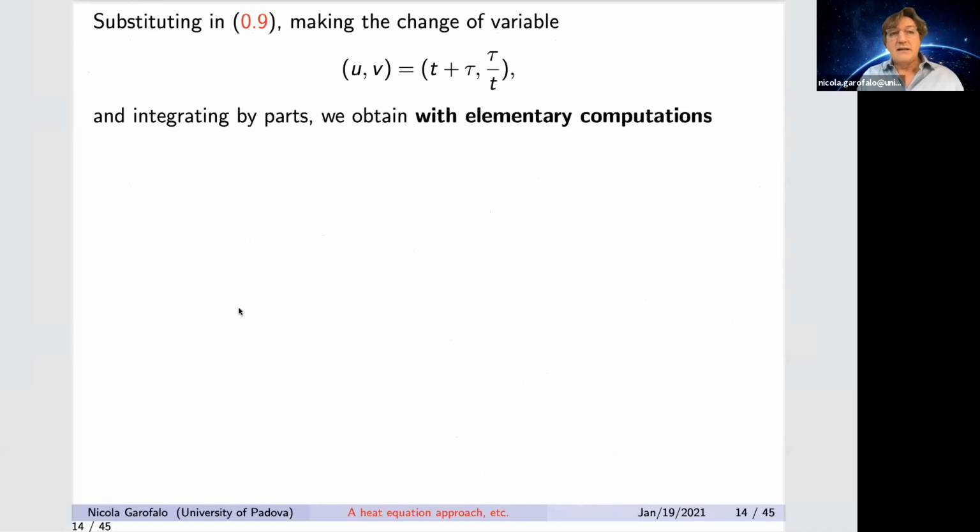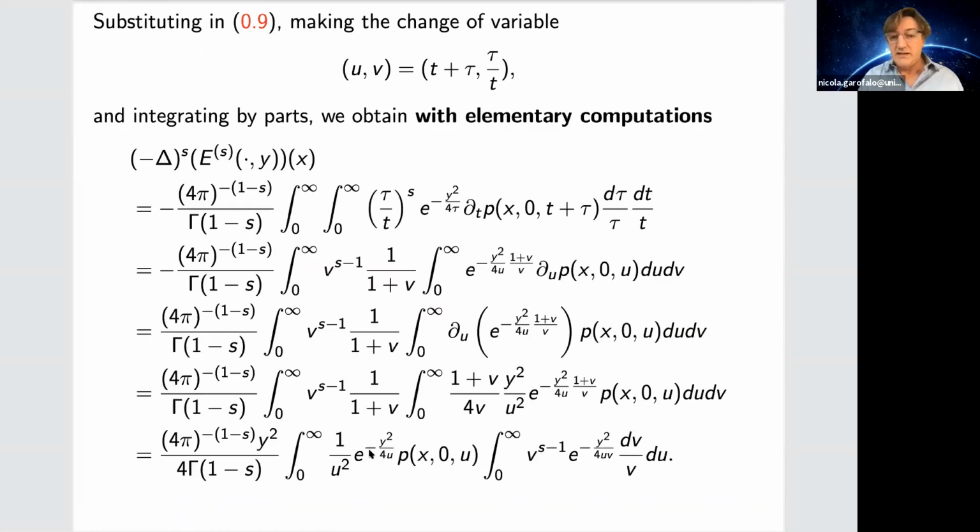So at this point, we make this change of variable and integrate by parts, and we obtain, with very elementary computations, what is written here. Going from here to here, I change variable. Going from here to here, I integrate by parts. Going from here to here, I just write the derivative of this function. And then finally, going from here to here, I apply Fubini's theorem and I exchange the order of integration.